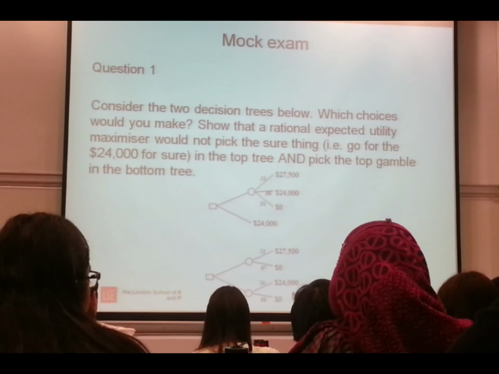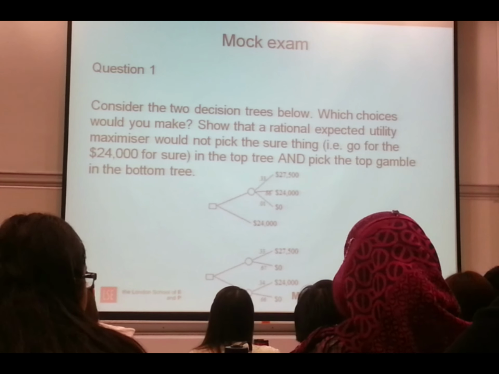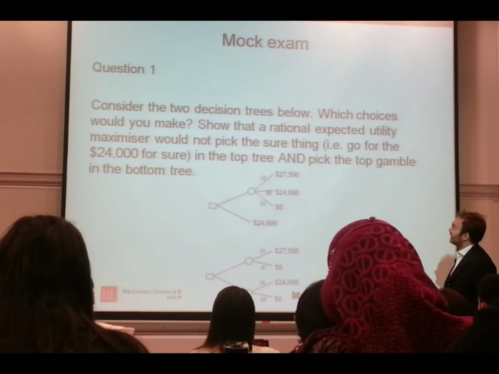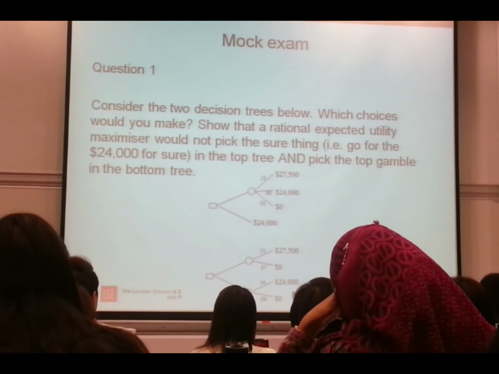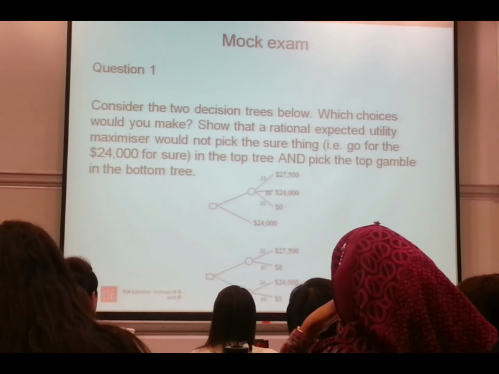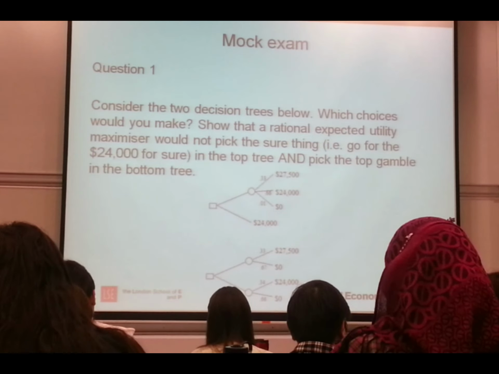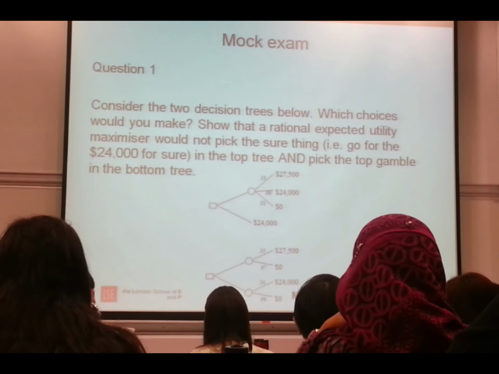Okay, so in question 1, you are given 2 decision trees. You're asked which choices you would make. That's fine, and then you should show that a rational expected utility maximizer would not take the sure thing in the top tree and take the top gamble in the bottom tree. Okay?